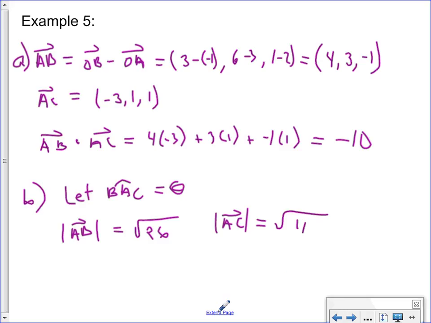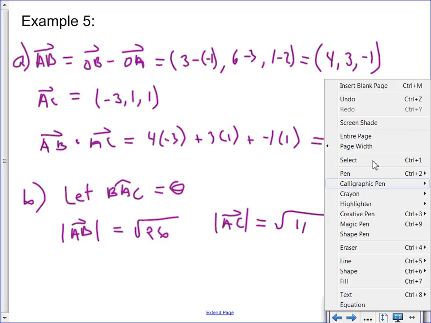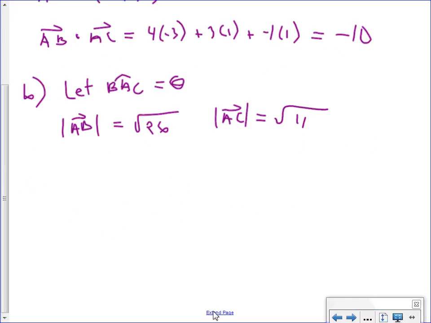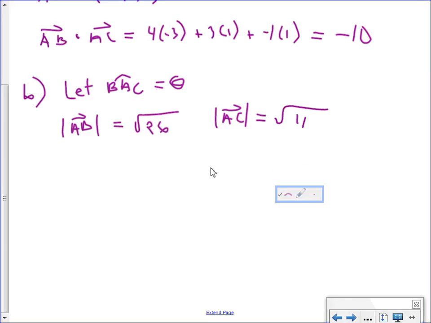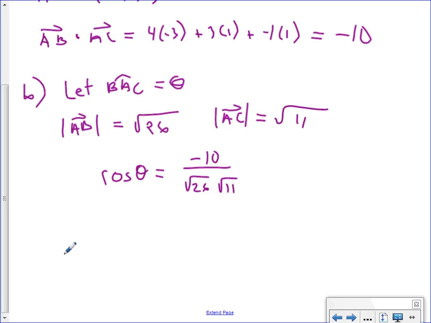True? Okay. So again, classic IB problem. They use the first part to help you with the second part, right? Because to find the cosine, you would take the dot product, which you got was negative 10, over the product of the magnitudes. Okay?